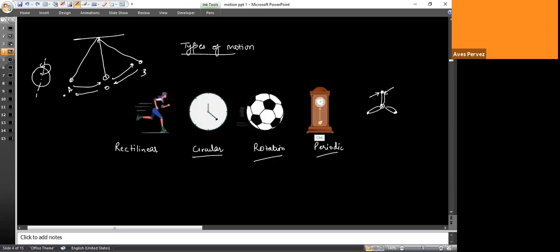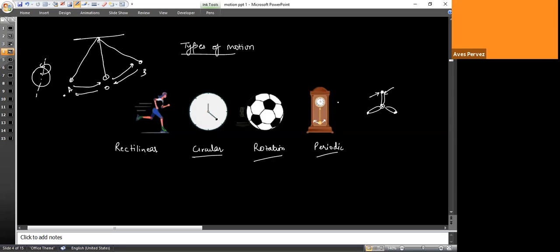This pendulum is repeating its motion, its path, after a regular interval of time, after a fixed time. So this will be considered a periodic motion.